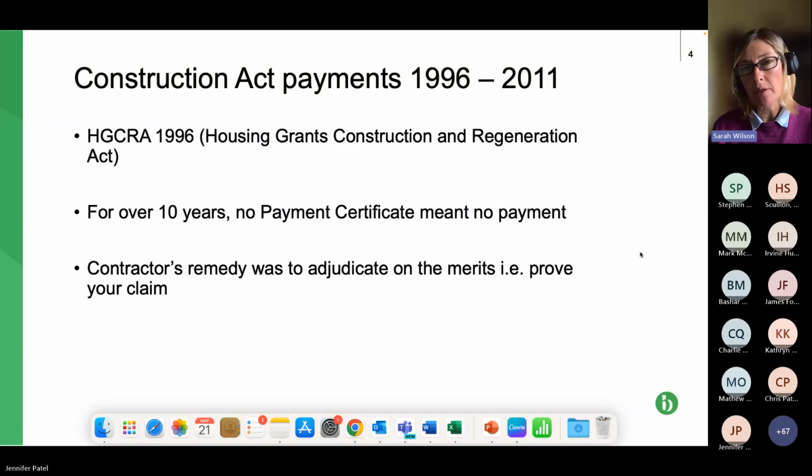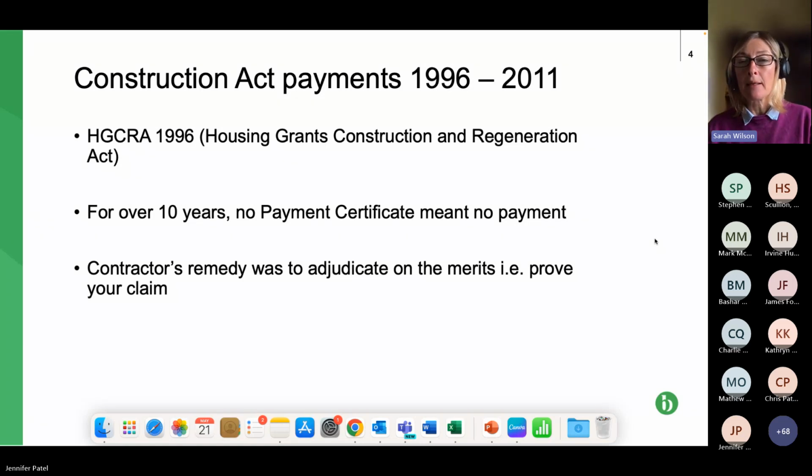So it introduced the right to interim payments, and linked to that, adjudication to recover payments when they weren't made, and also the right to suspend work in very discrete circumstances, the same as the smash and grab circumstances. For 10 years we had this situation, and with regard to the payment process, it was pretty much what we have now, in that the party doing the work would submit an interim payment application, an application for payment, whatever you want to call it.